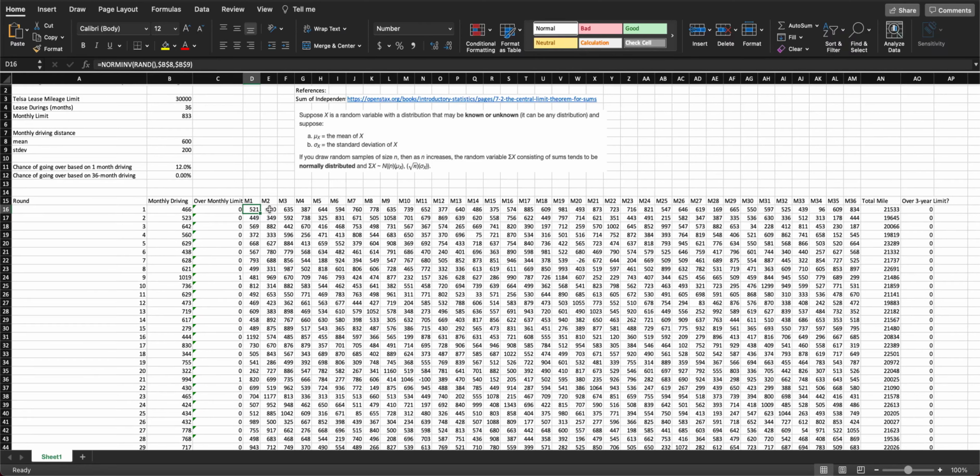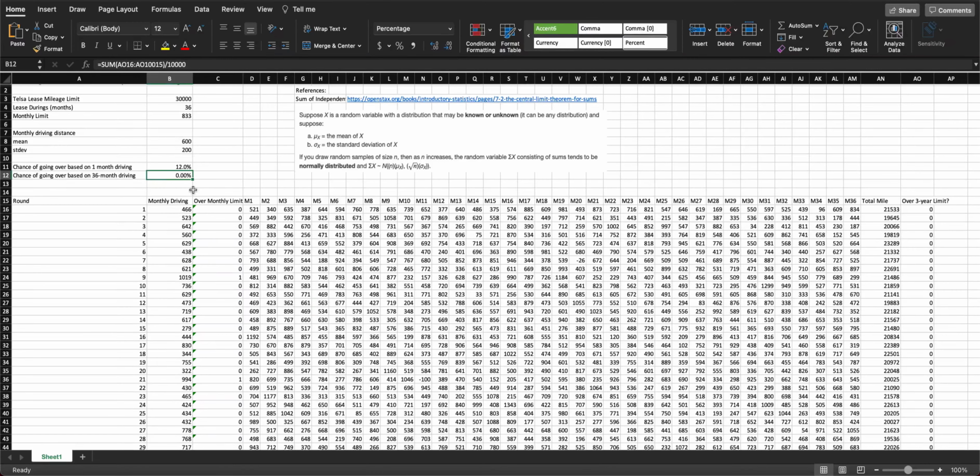If you simulate out every month, from month 1 all the way to 36, and then add them up, this is my total miles in the 3-year period, and then you count how many times you go over the 30,000 mile limit. It turns out, I calculated here for you, it's almost 0%.